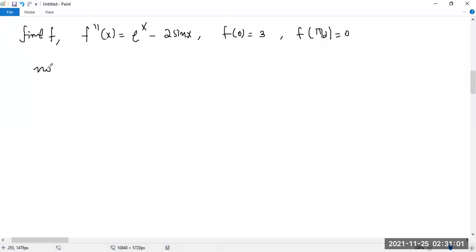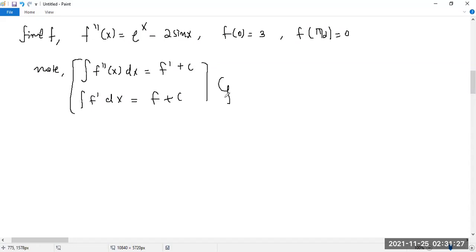So just note that if you take the integral of the second derivative, then you get back the first derivative, right? And then if you take the integral of the first derivative, then you will get back the original function. These are both general solutions.